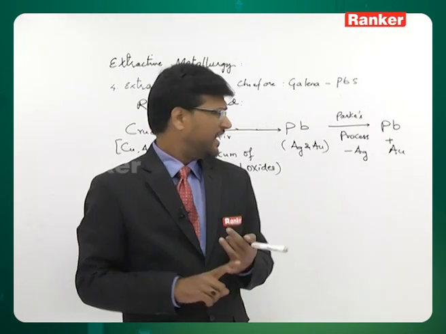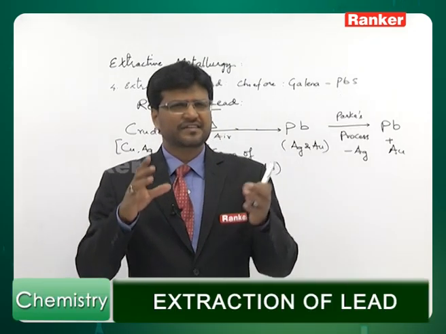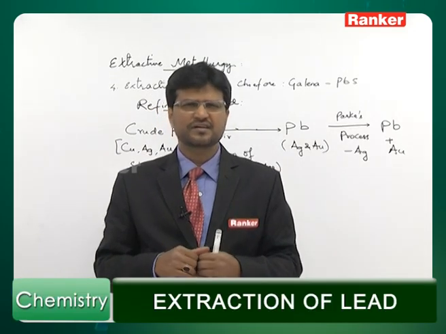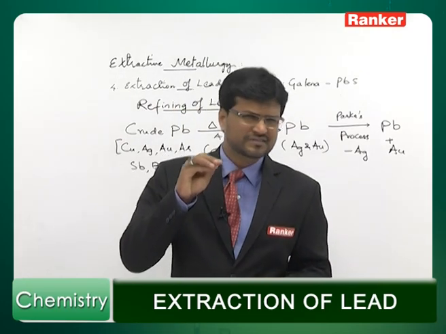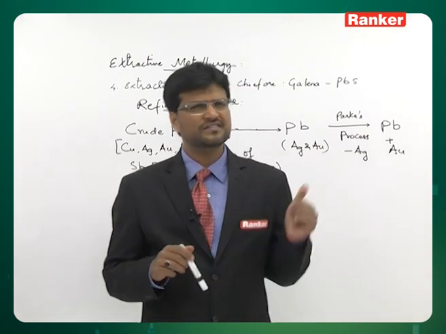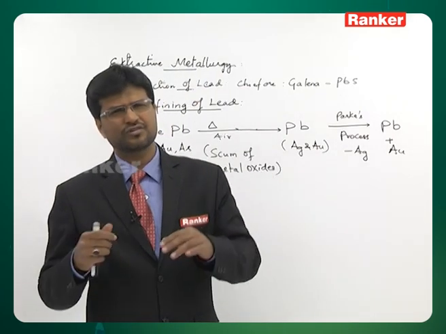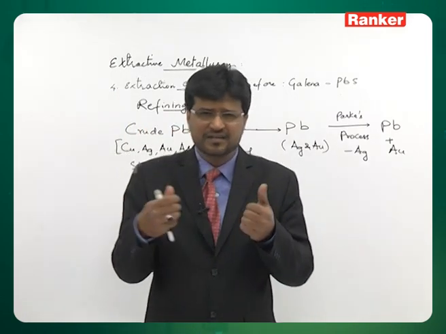Zinc is added to impure lead. Zinc has an ability to dissolve silver more than lead. Silver is 3000 times more soluble in zinc than in lead. Zinc and lead are immiscible.